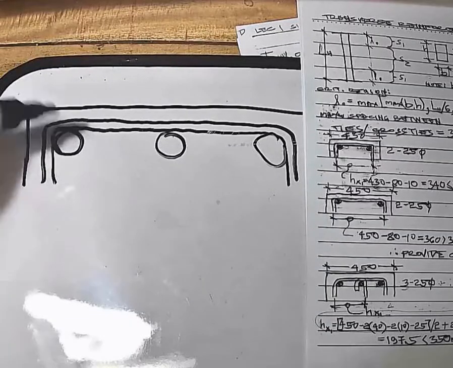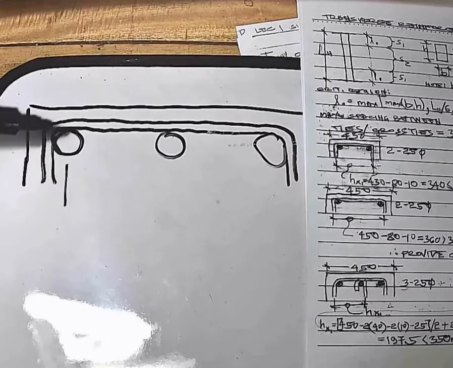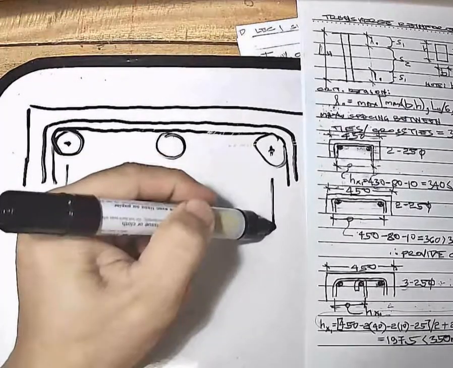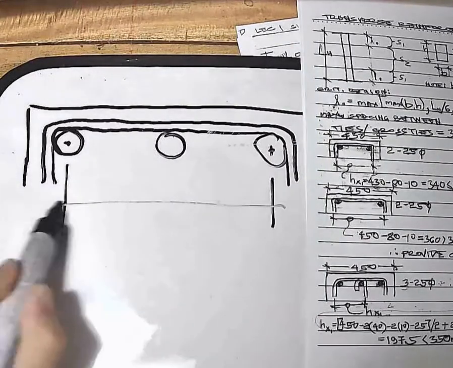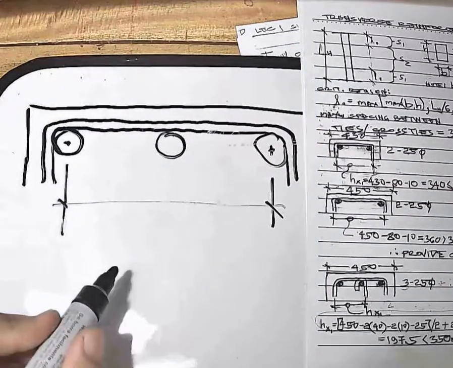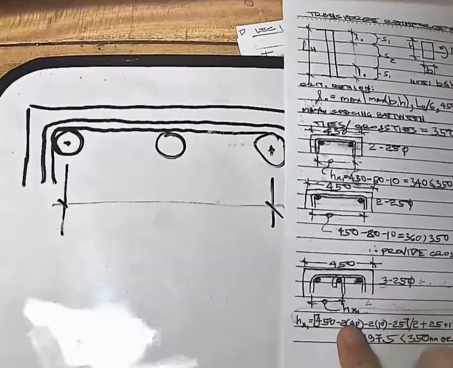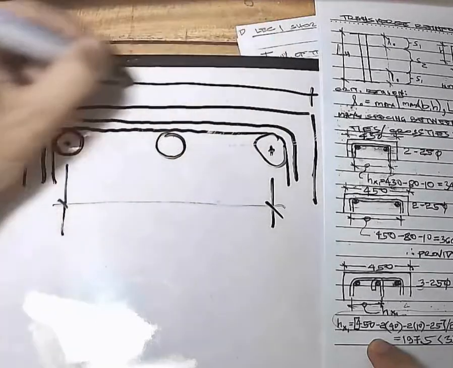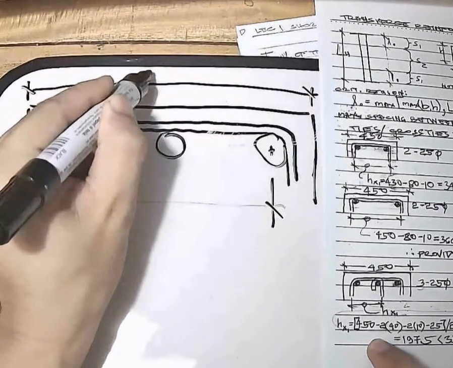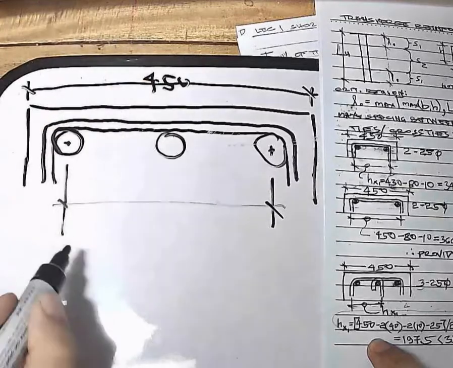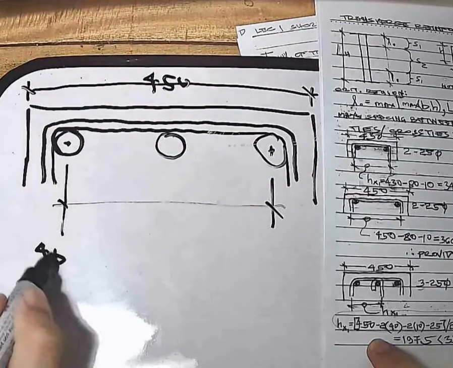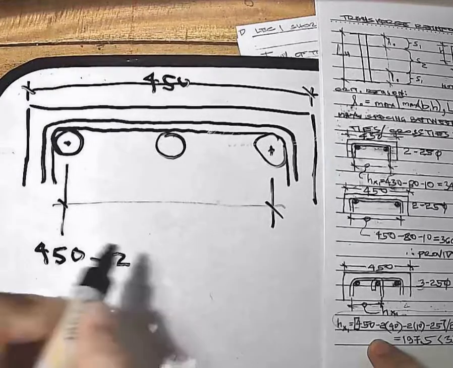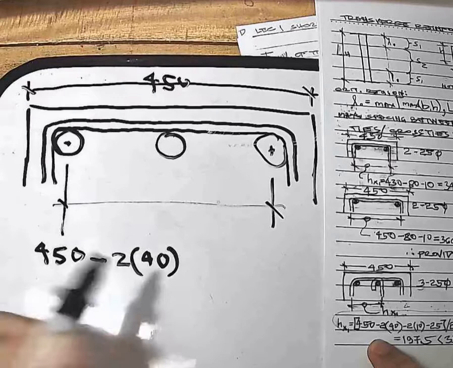First is, kukunin natin yung distance between the center of this outer rebars. Okay? So, this distance is equal to 450. Remember that the dimension of this column is 450. Okay, so that is 450 minus twice of clear cover 40.